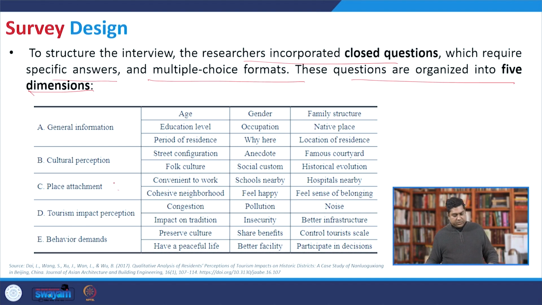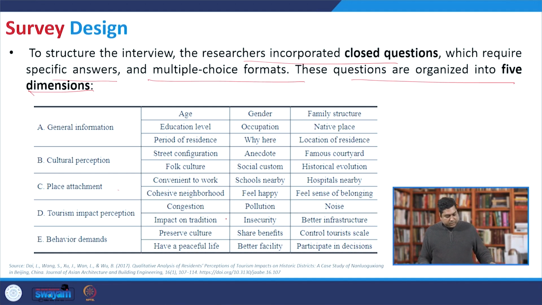Then a few questions related to place attachment, like whether it is convenient to go to their work, whether there is some sort of cohesive neighborhood, or whether it is a feel-happy kind of situation attached to the place. Tourism impact perception, which was one of the major objectives of this study, also had questions related to congestion, impact on tradition, and the resultant consequences like pollution, noise, or pressure on infrastructure.